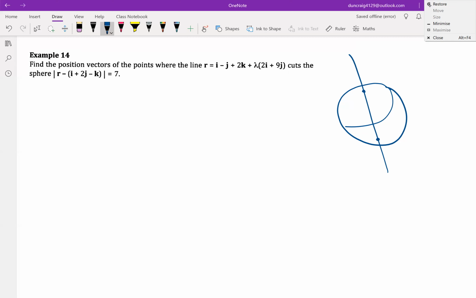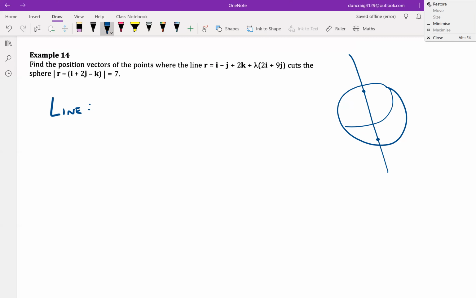However, if the line is just touching the sphere at a tangent, there would be just 1. So we're looking for either 0, 1, or 2 points where the line cuts through the sphere.